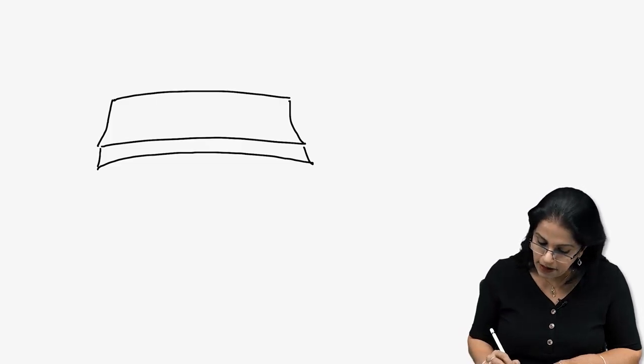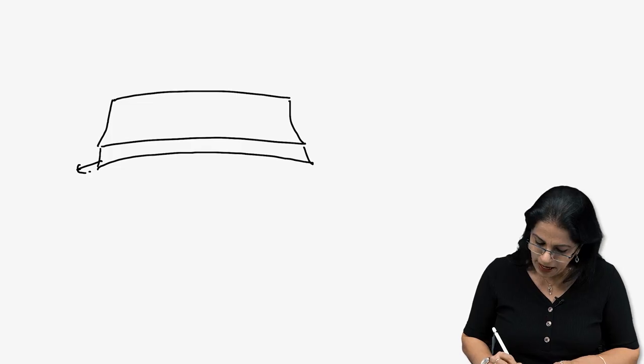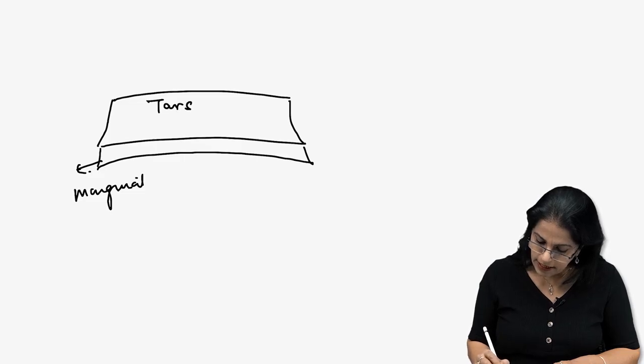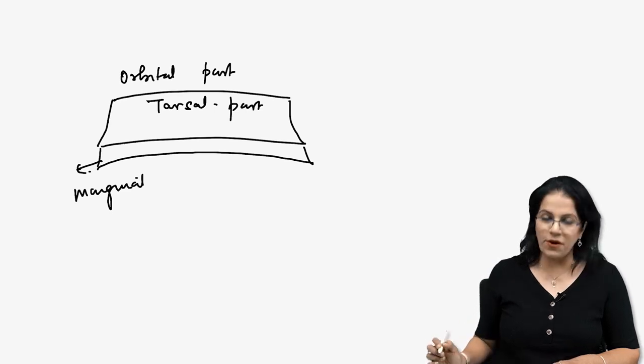The part which is covering the margin of the lid becomes your marginal part of the palpebral conjunctiva, whereas this becomes over the tarsal part, and just behind the tarsal, the part of the conjunctiva is called orbital part. So, there are three parts of the palpebral conjunctiva that you have to know.